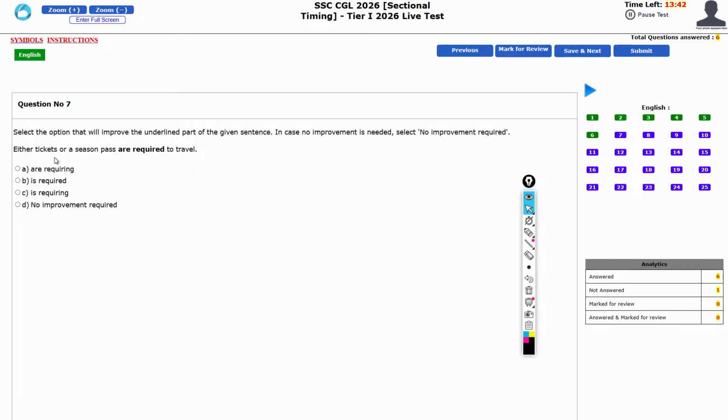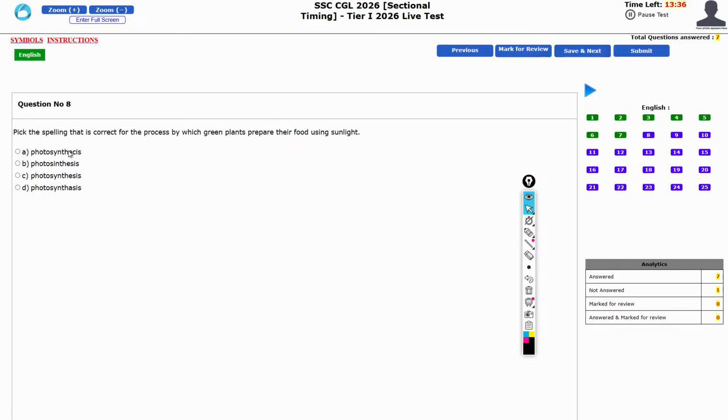Either ticket or a season pass is required. Photosynthesis, synthesis. Scarce, abundant. Sparse, abundant, yeah. Abundant is what, so frugal, then wasteful.